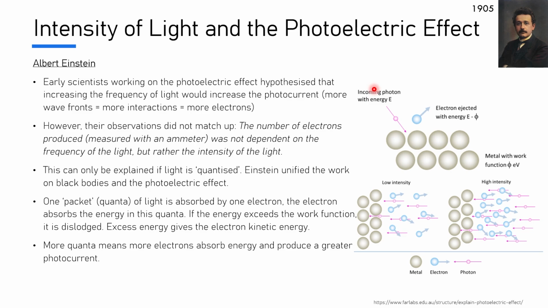And as such, the energy of the light itself being shone on the metal had no impact on the photocurrent or the number of electrons being dislodged. Instead, the intensity, which dictated the number of light packets which struck the metal, dictated the photocurrent. Essentially, more photons meant more interactions with electrons. More one-to-one interactions between electrons and photons led to more electrons being dislodged and therefore a higher photocurrent.